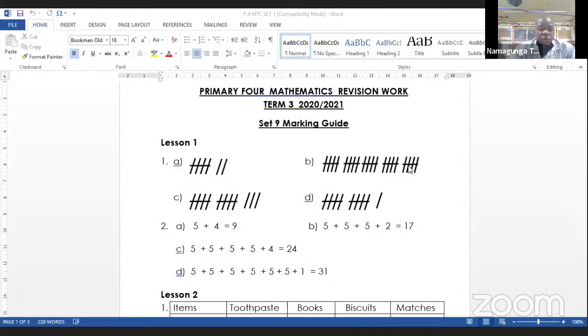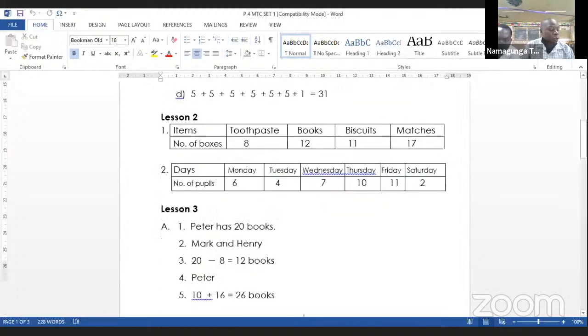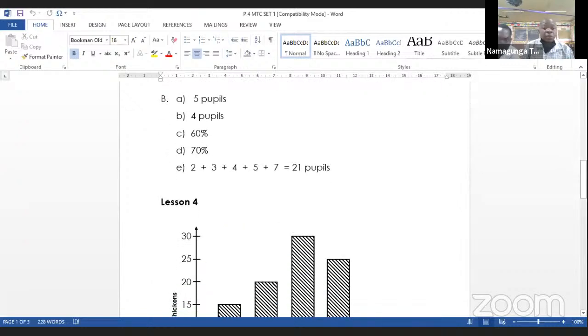Now, when we move to the second lesson, where we have a table and we are to use the tally marks to present the information given, we continue to follow what we have been doing in number 1 and 2.